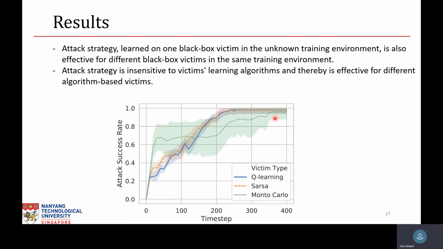From this figure, we can see that all of these black box victims achieve the target action in the target states at the end of their learning process. So this means our attack strategy is insensitive to the victim's learning algorithm, and it's effective for different algorithm-based victims.